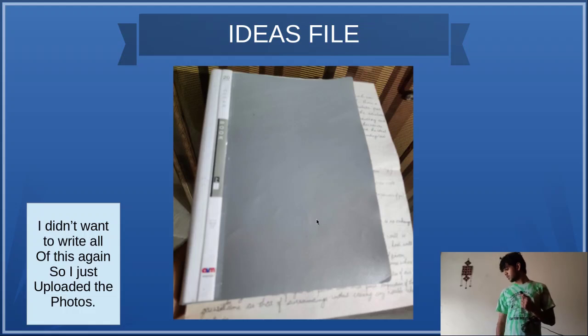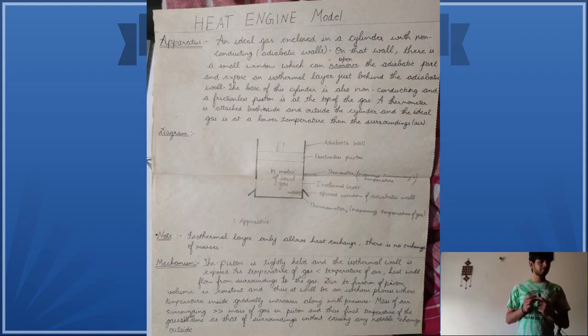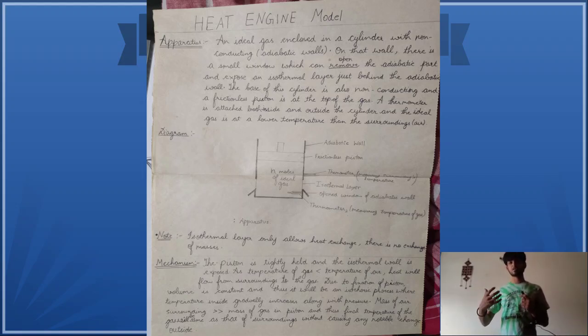So let's take a look at the mechanism then. Let me explain the mechanism this way. Initially, the adiabatic wall is completely closed, so that window is closed as well, and there are n moles of ideal gas.